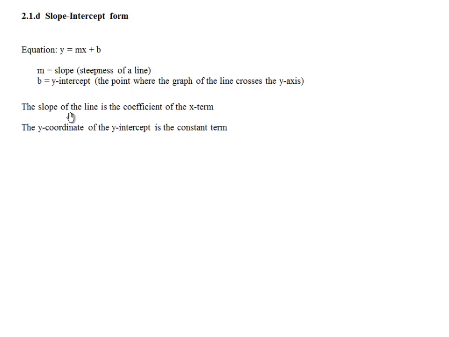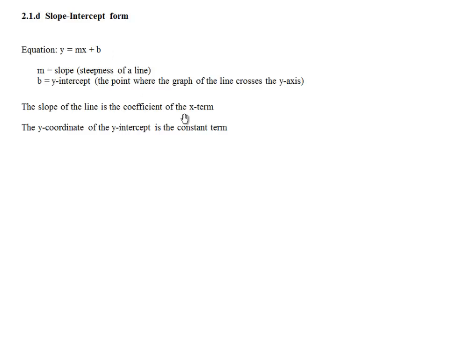The slope of the line is the coefficient of the x term, or the m. So whatever's in front of the x is your slope. The y-coordinate of the y-intercept is the constant term, which is your b.